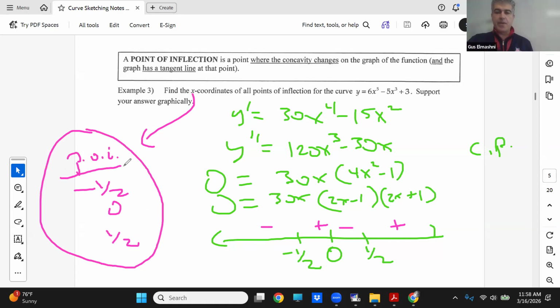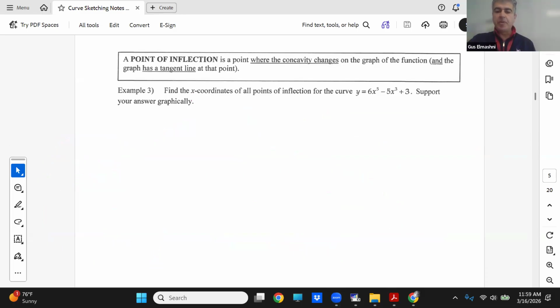When we look at the graph, and we'll actually graph this in a moment so you can see for yourself, that's when you're going to notice this transition in the concavity. However, the only points where it actually turns are the x-intercepts of the first derivative. Correct.